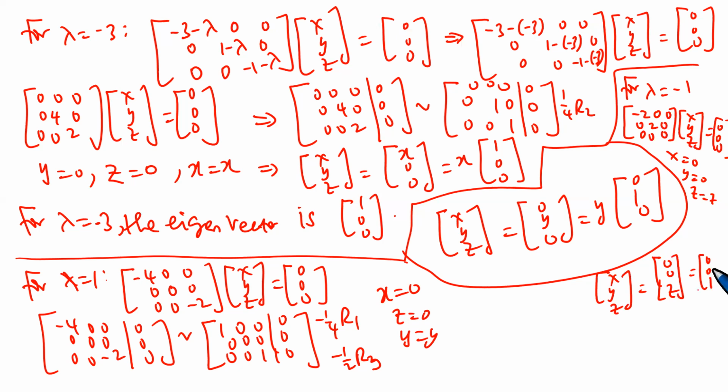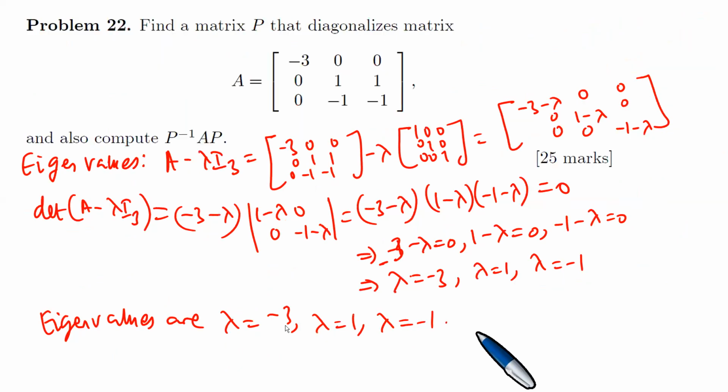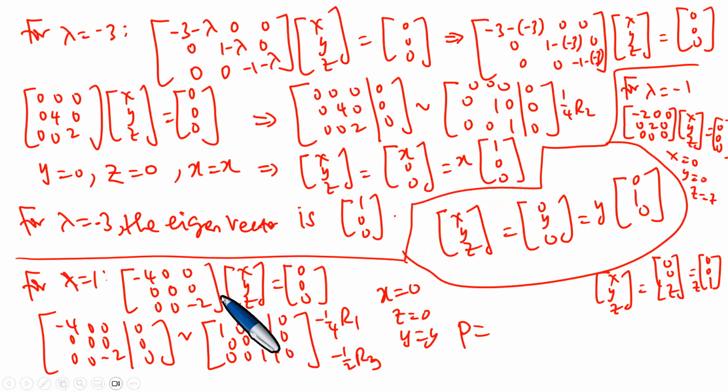So the matrix P that is required, okay, then you can compute that. I'm going to come back and compute it here. We're looking for the matrix P. The matrix P is going to consist of the eigenvectors. For lambda equals 3, the eigenvector is this one.